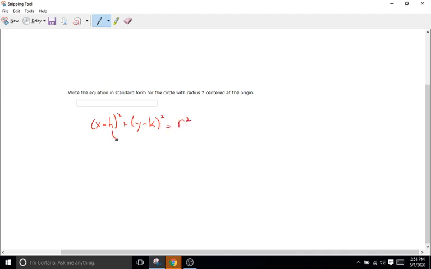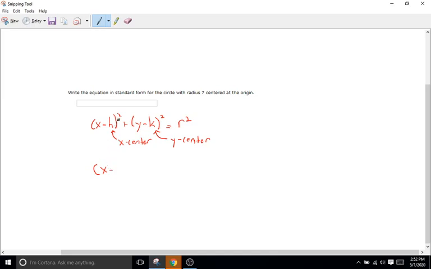And remember, h is the x coordinate of the center of the circle, while k is the y coordinate of the center of the circle. Okay, so from here, if we figure out what h is, what k is, and what r is, we will be done. So first thing is first, we'll start writing the equation, minus h.